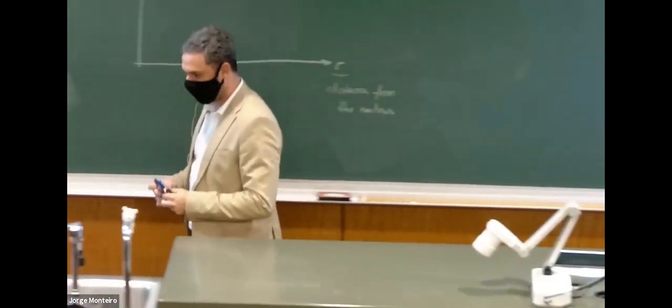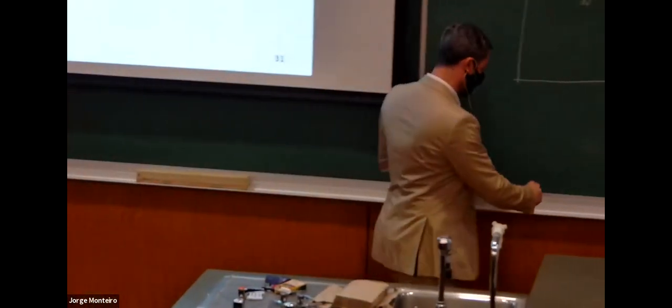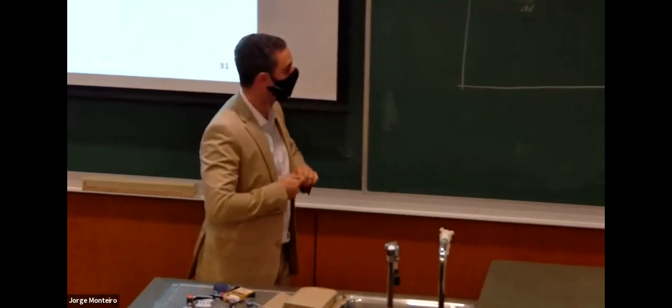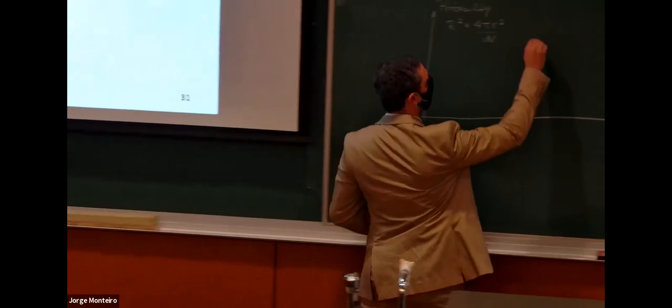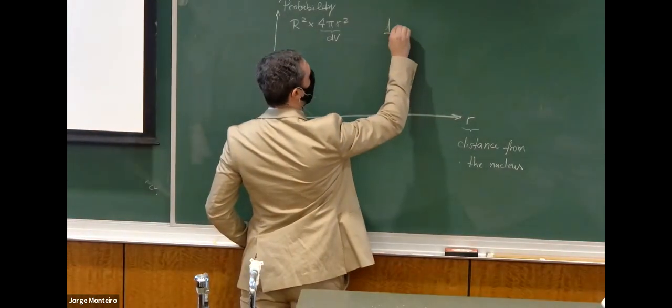Each orbital will have a different graph of probability. So let's start here with the simplest one, 1s.